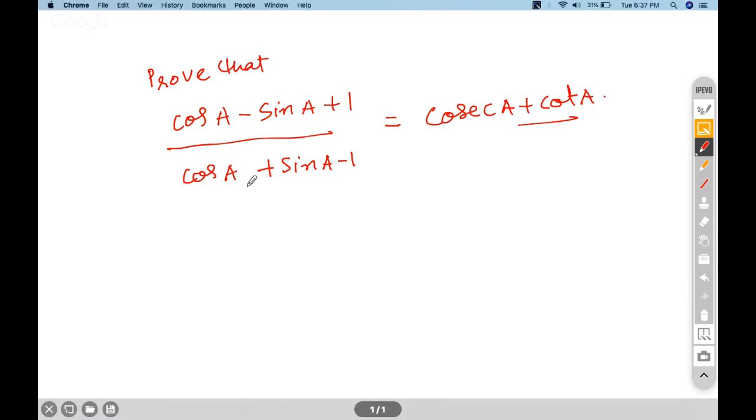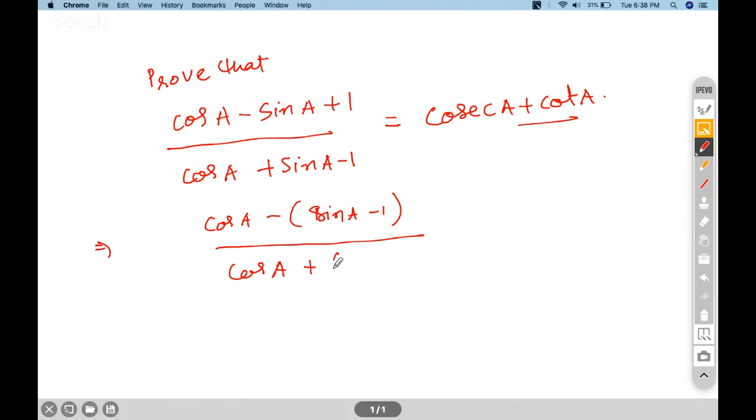So this question, one way to attempt this question is to take minus from here, this is cos A, minus sine A plus 1, and this is cos A plus sine A minus 1.